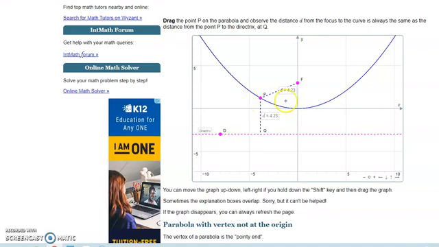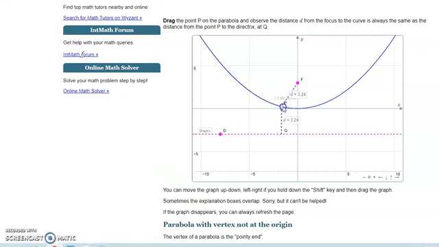The focus, if there's a line that's drawn from the directrix, right, so this is the directrix down here. If there's a line drawn from the directrix up to the parabola, straight up from the directrix, and a line is drawn from the focus to the parabola, you'll notice that those lines have the same length.